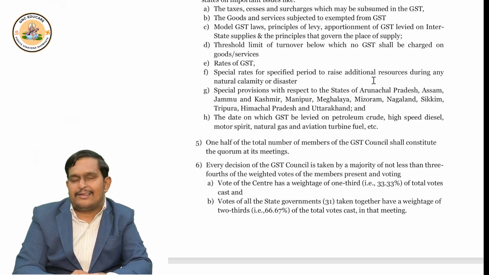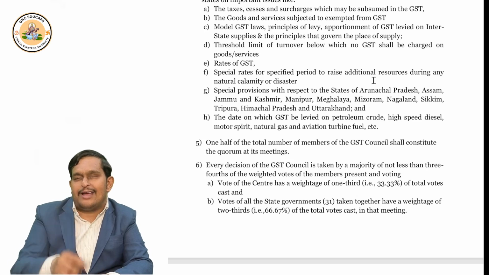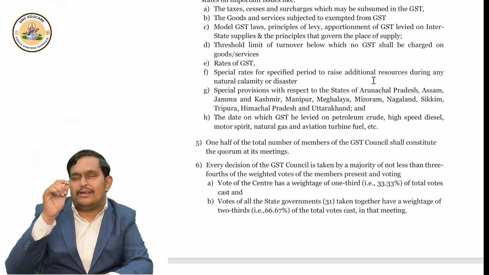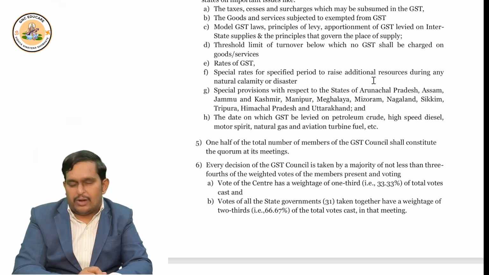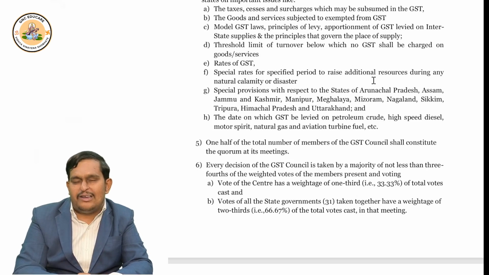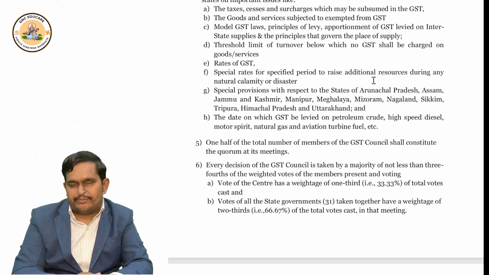Then special states like I said, Himachal Pradesh, Uttarakhand, Mizoram, Manipur, Meghalaya, Arunachal Pradesh, Assam, Sikkim, Tripura, right? Jammu and Kashmir. What should be the special law for this? And when GST is to be brought on petroleum products. So these are all actually the questions which the council will sit, decide, and work on.